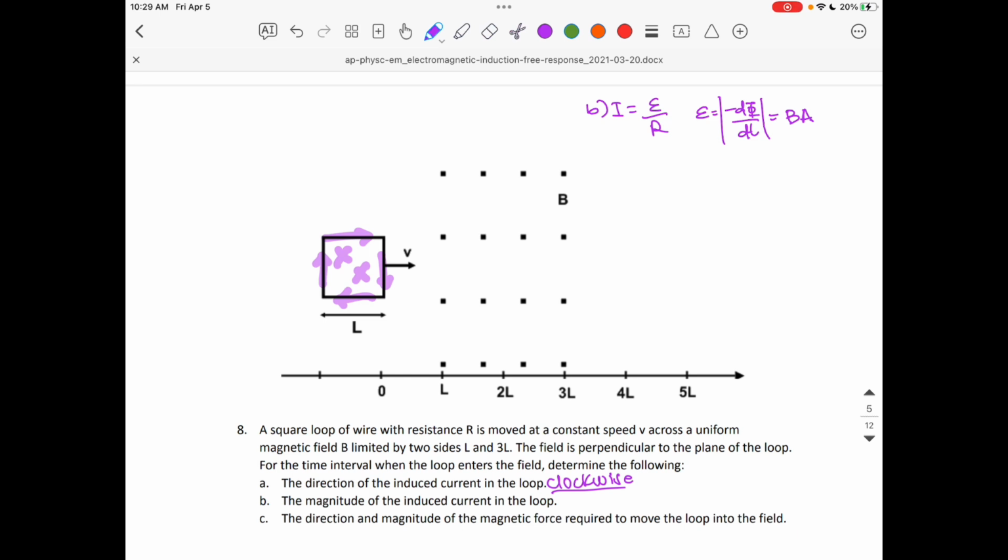Now we need to think about what's changing, and I forgot to put my d/dt in here. So I need to figure out what part is changing. The magnetic field is staying the same.